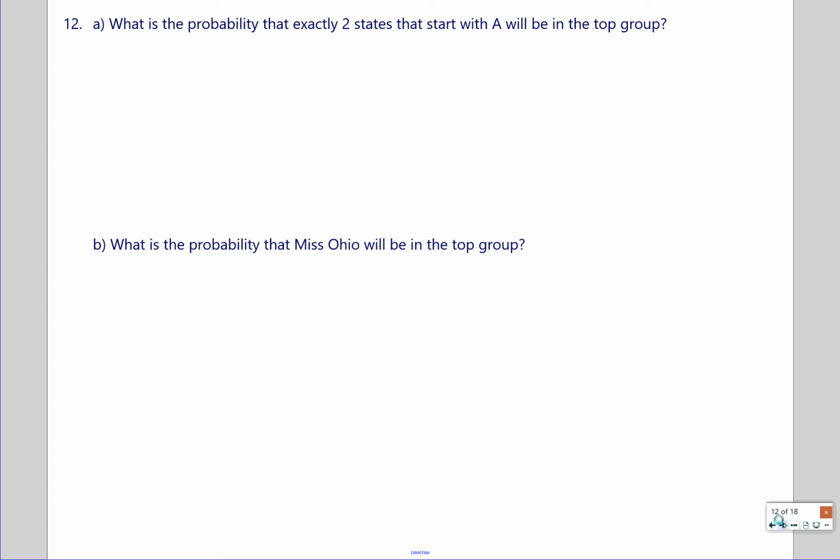Number 12. Banking off of that, what is the probability that exactly 2 states that start with the letter A will be in the top group? This is similar to the football problem. 50 choose 5 are all the different groups that can be made.